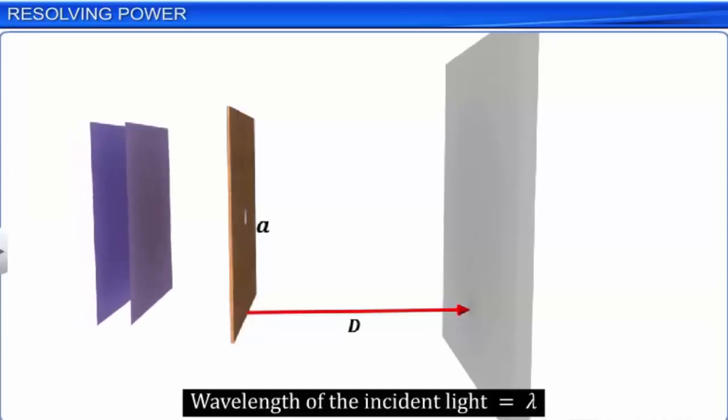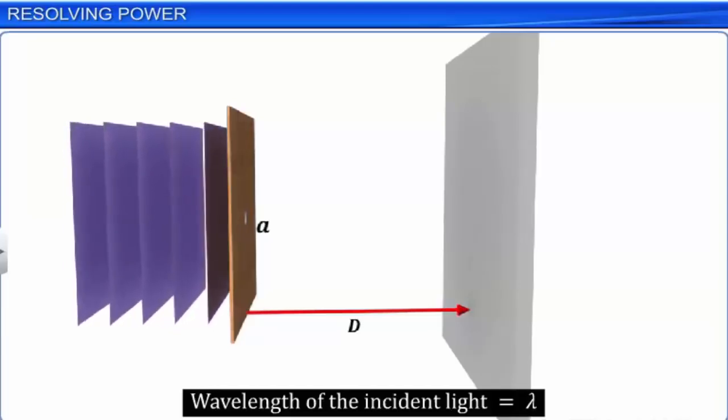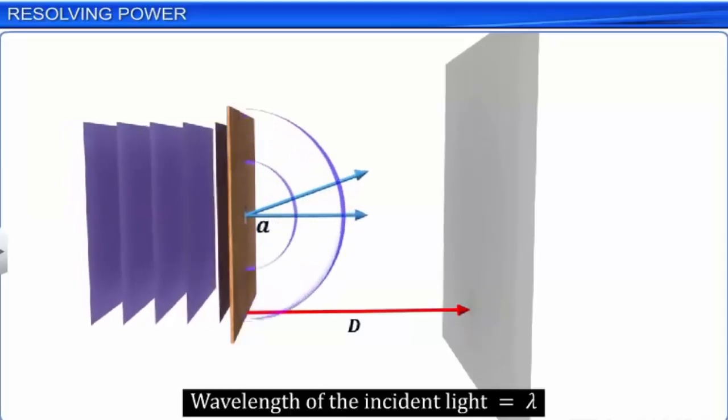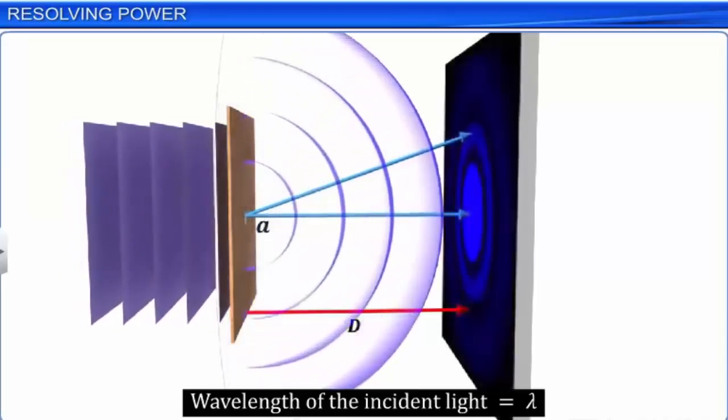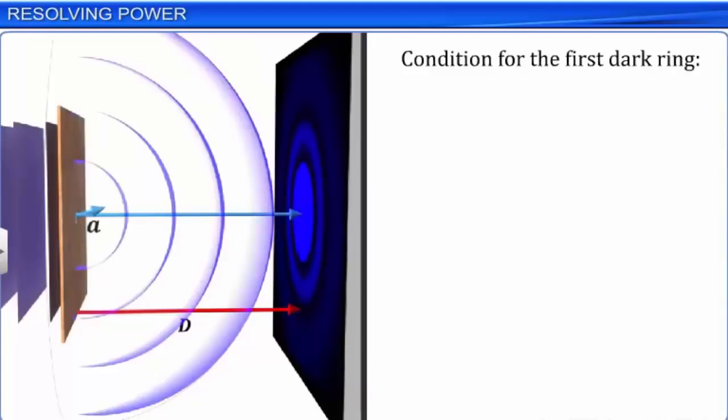If theta represents the angular radius of each ring, a complicated mathematical analysis of diffraction by a circular aperture shows that the first dark circle occurs at an angle theta given by the condition sin theta is equal to 1.22 lambda by A. Let this be equation 1.